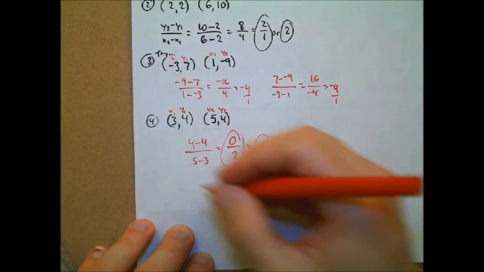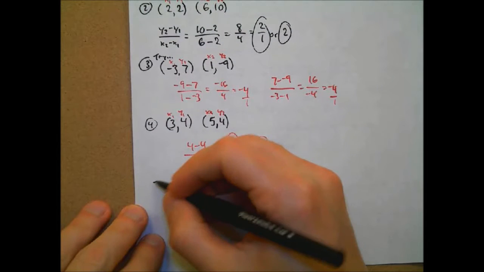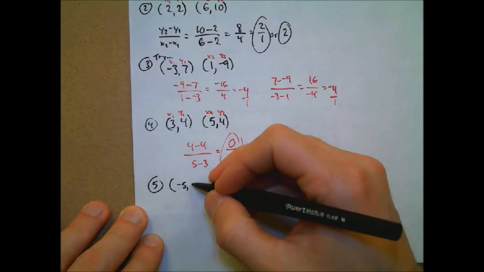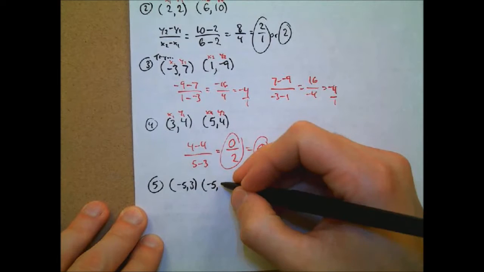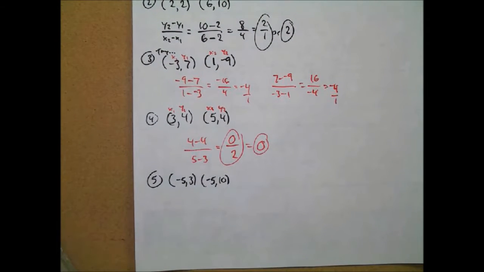All right, one other kind of weird slope we can run across too. Okay, one more kind of weird slope here. So 0 slope obviously is what that's called. Kendall, how do we set up the slope for these 2 points?